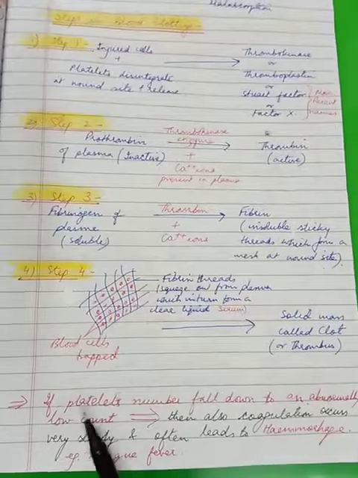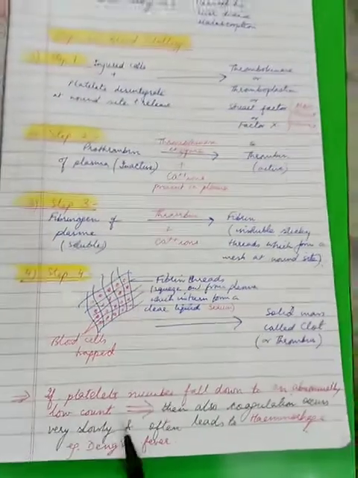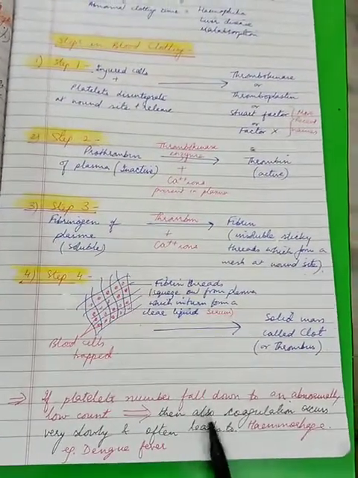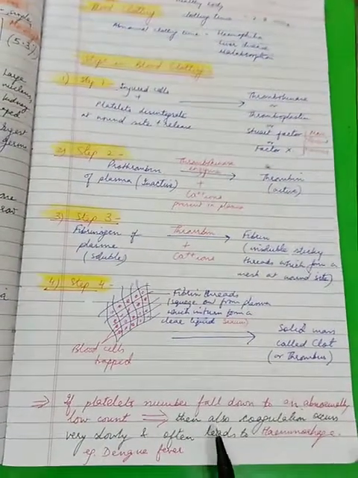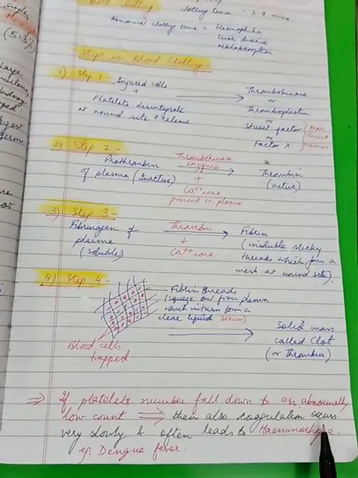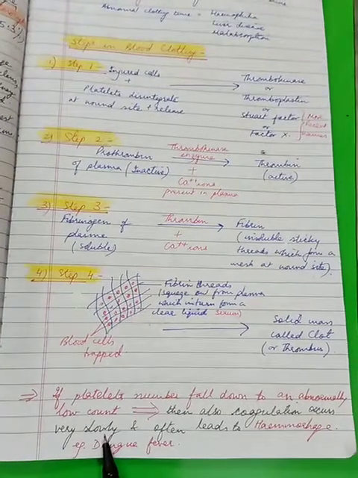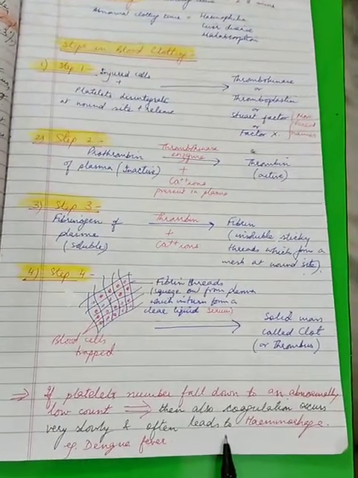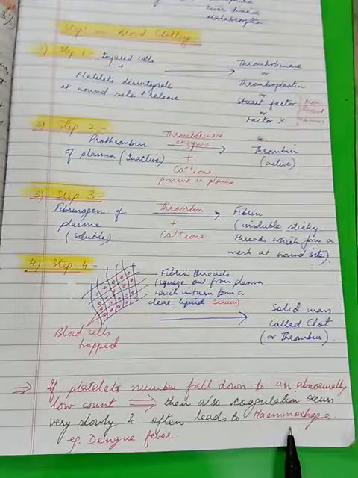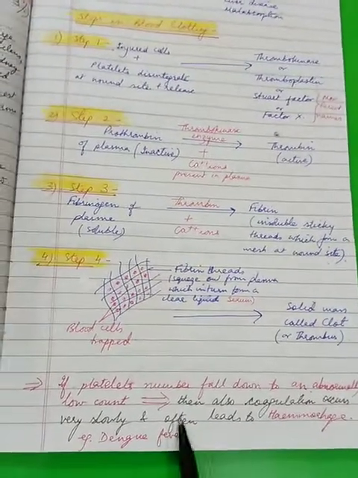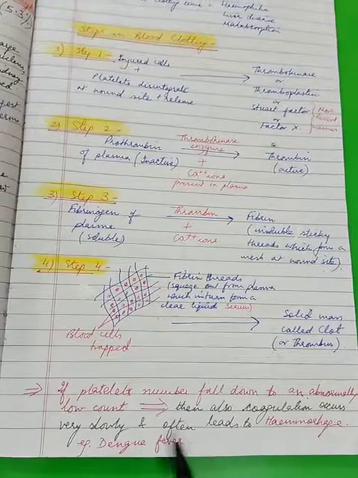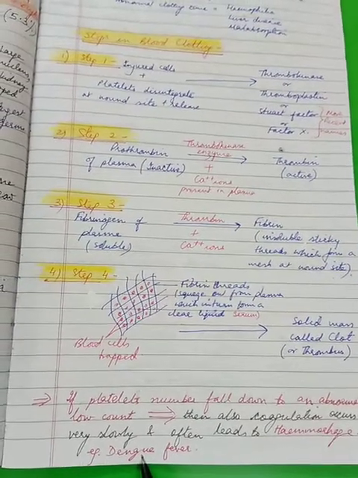Like for one example, what happens if the platelet number falls to an abnormally very low count? In this case, coagulation may occur very slowly, but this often leads to a condition called hemorrhage, which may lead to death of the person. Same thing is commonly the reason of death in patients of dengue fever.